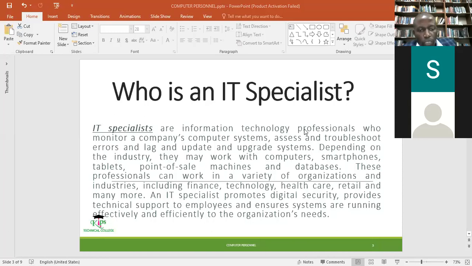So these professionals can work in a variety of organizations and industries. They could work in the finance department, within a technological company, the healthcare, the retail, and many others. For example, you go to a supermarket and you find an individual has been employed just to check on the software they use for purposes of stock taking.